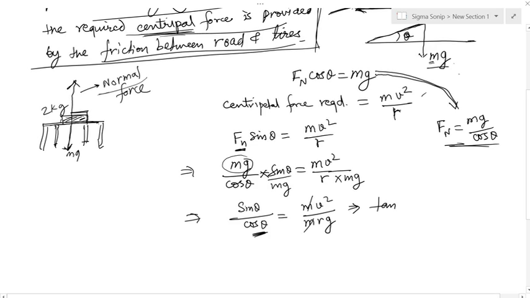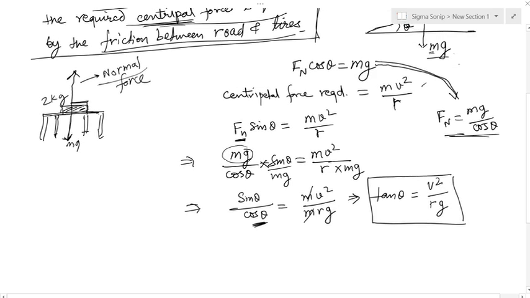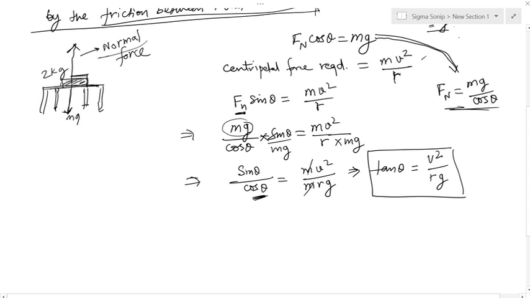So on the left hand side we got tan theta, and on the right hand side I got v square over r g. This is a really important equation. It gives us the optimum banking angle. So if tan theta equals v square over r g, we do not depend on friction, I mean the friction between the tires and the road.